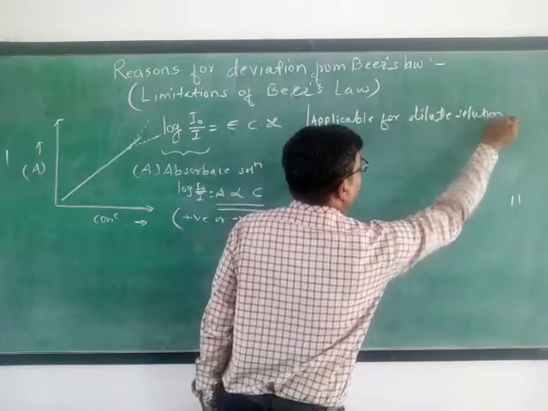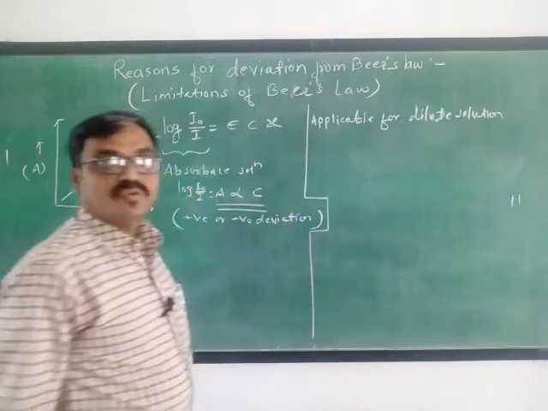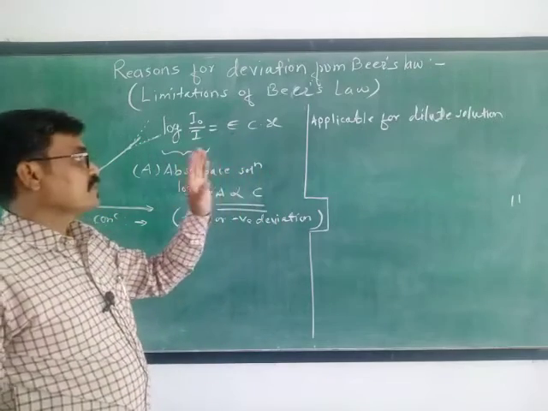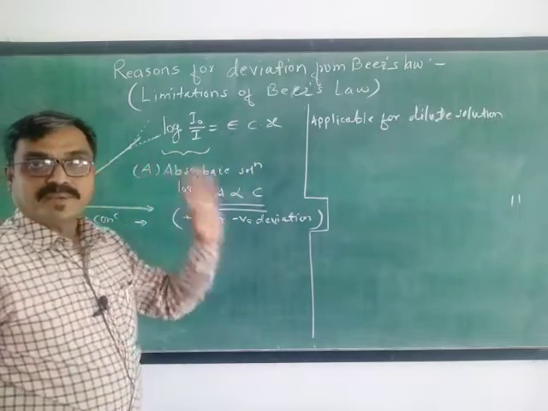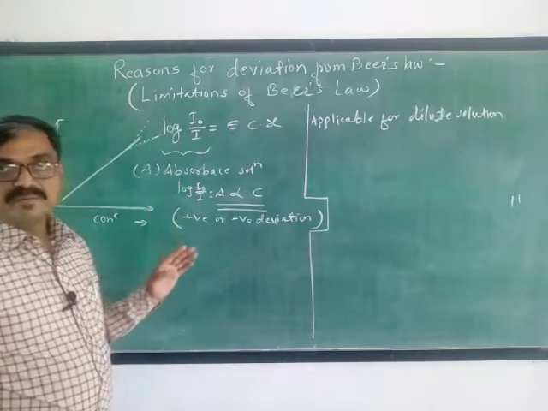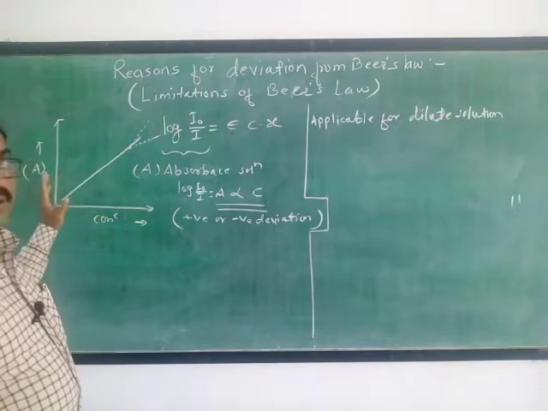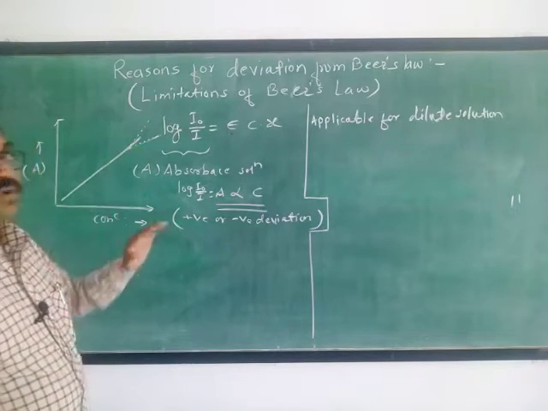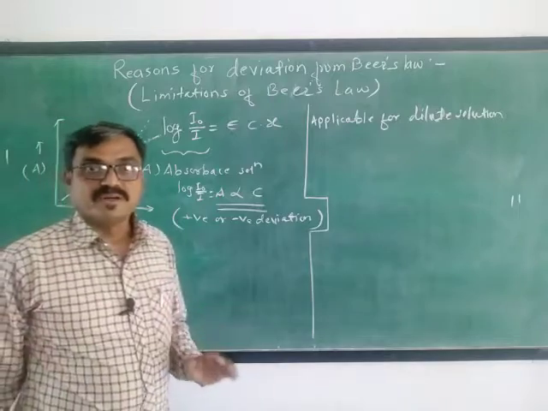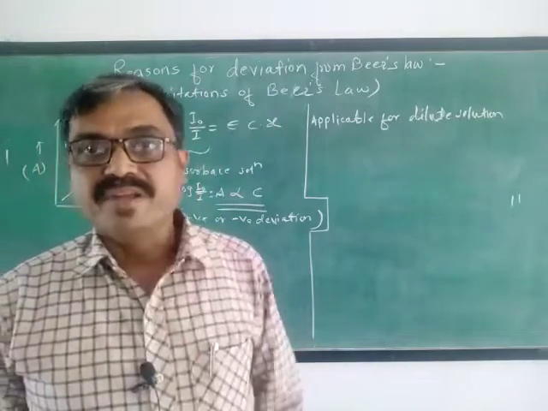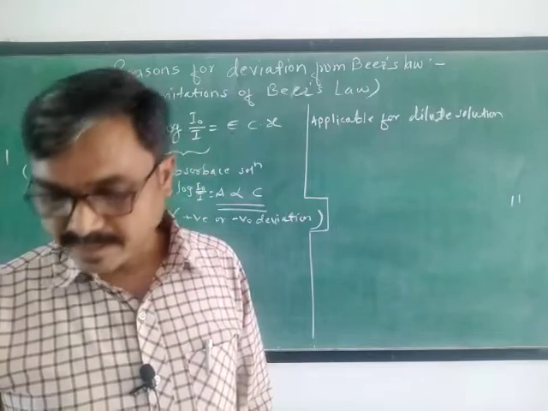This is the condition: the solution must be dilute, and only then can such a solution obey Beer's law. But if we plot a graph of absorbance versus concentration, positive or negative deviations are observed due to some reasons. Today we have to see these reasons.